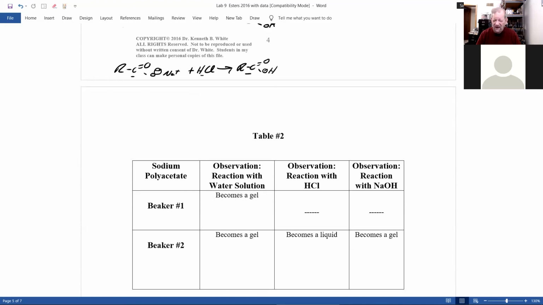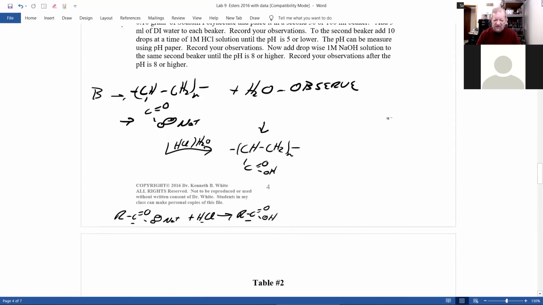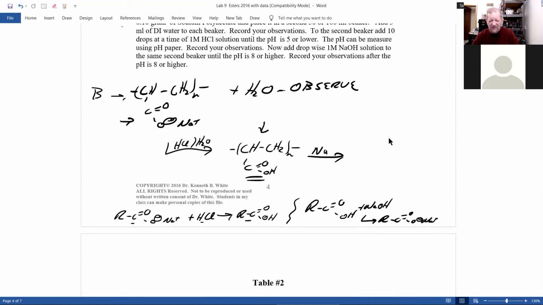Now, the last part, you'll add enough sodium hydroxide so the solution is basic. And what's the reaction? Carboxylic acid, base, and you get back the carboxylate anion. So if I take this now and react it with sodium hydroxide, this is in solution.